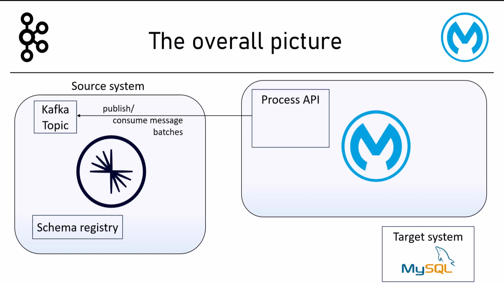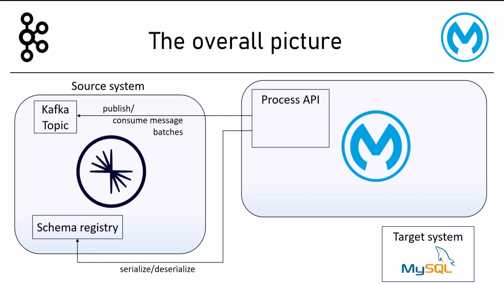In order to avoid that a complete Avro schema has to be embedded into each message when published to the Kafka topic, the schema registry is used to replace the schema in the message by a numeric schema ID, which identifies the schema and vice versa. This task is also executed by the process API.